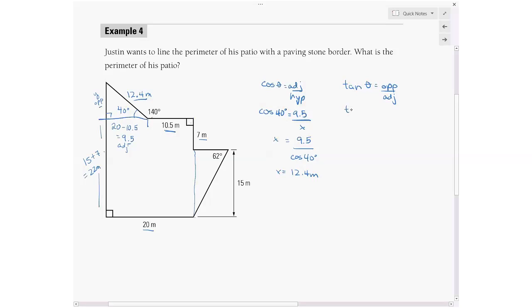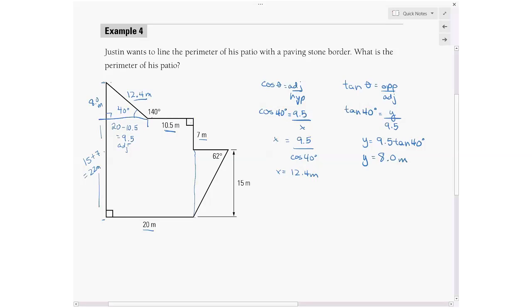So the tan of 40 degrees is y divided by 9.5, so y is 9.5 times the tan of 40 degrees, which gives me 7.97, so that would round up to 8.0 meters. I'm going to erase this again to keep it clean. This is 8.0 meters, so that means from here all the way to here, that would be 30 meters.